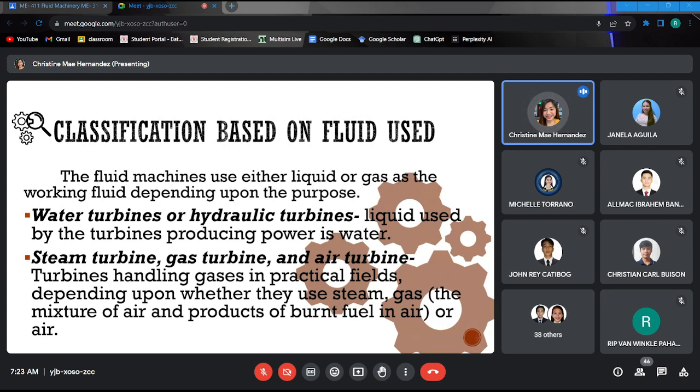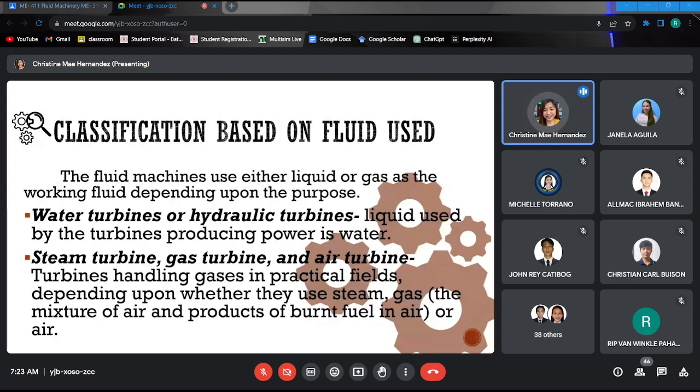So, pag mga gases naman ang ginamit natin, steam or gas or air or mixture of air and gas, tinatawag natin siyang steam turbine, gas turbine, and air turbine. So yun yung classification based on fluid use.